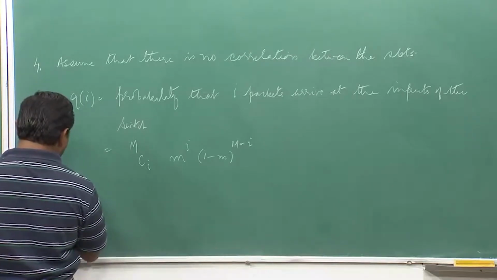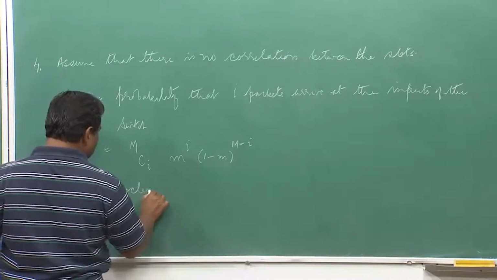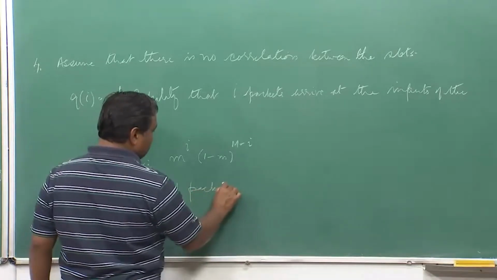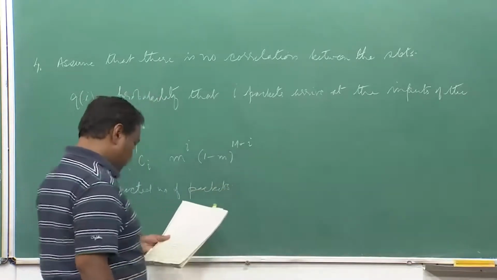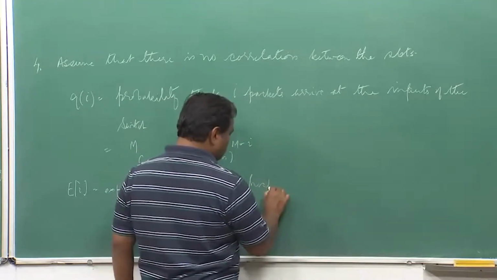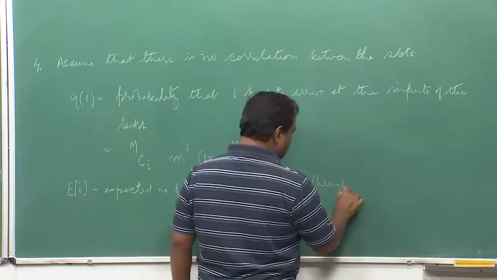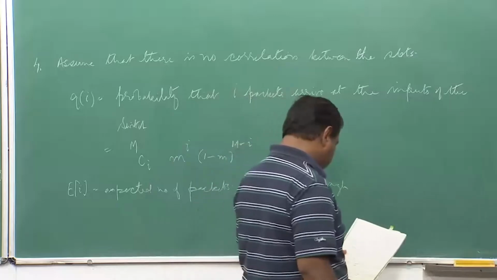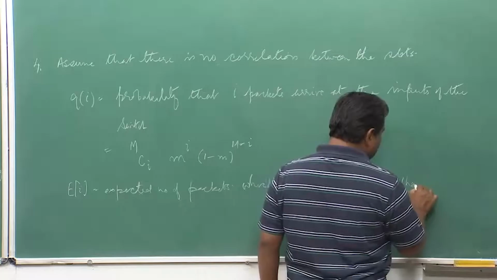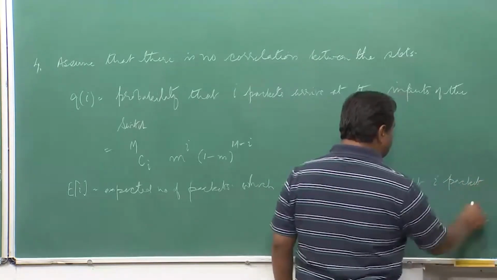And of course, we define E of i as the expected number of packets which go through to the outgoing ports, given that i packets arrived.